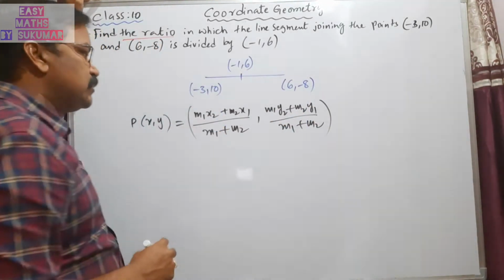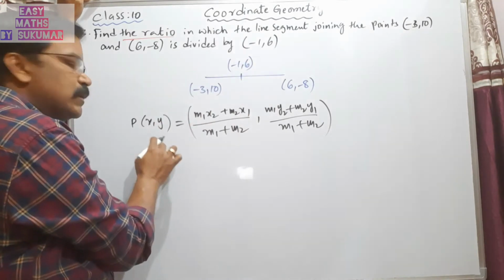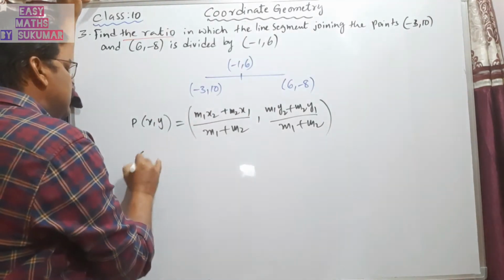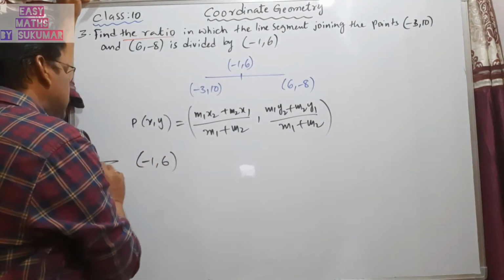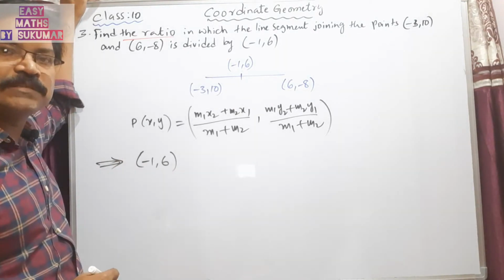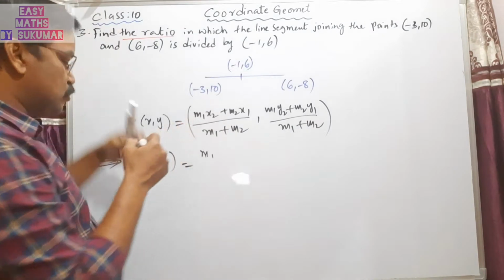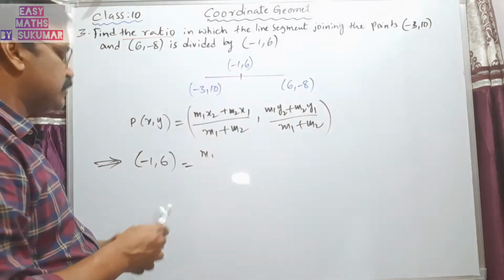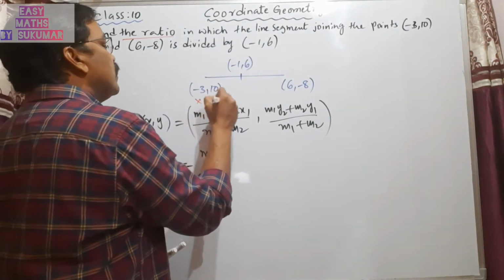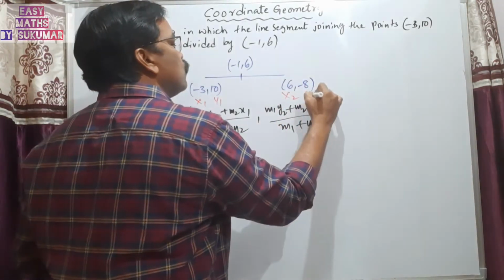Okay, see here, the coordinates of this point are minus 1 comma 6. This implies minus 1 comma 6 is equal to M1 into, so as you know students, here this is x1, y1 and this is x2, y2.